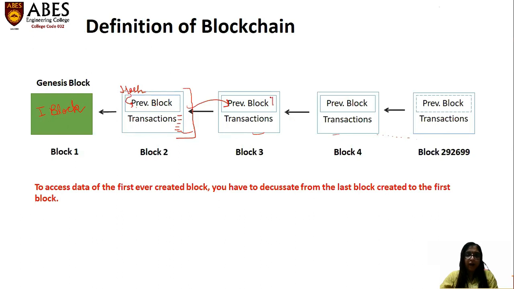This is the previous block hash and the number of new transactions, right? In the same way, the hash of this block will be stored in the next block, and these are the new transactions. So basically, this is the Genesis block, and the blocks attach to this Genesis block with the help of the previous hash.